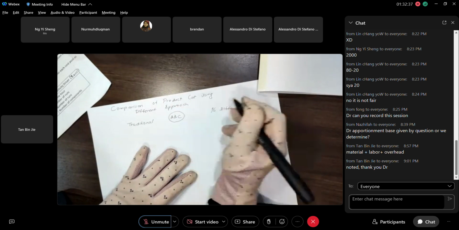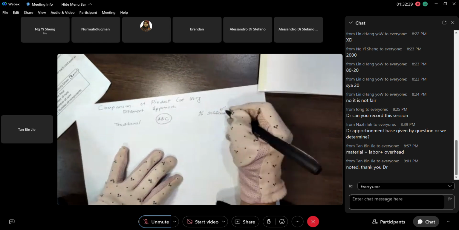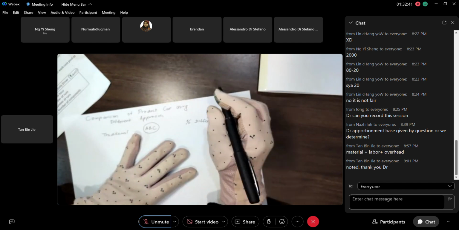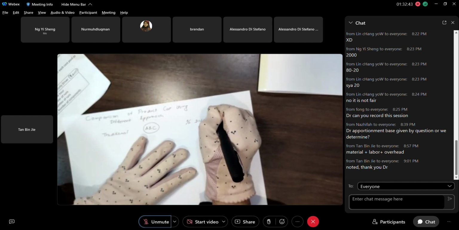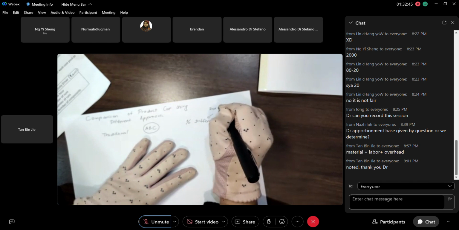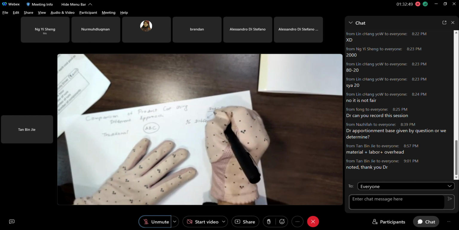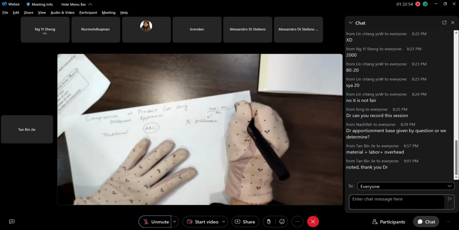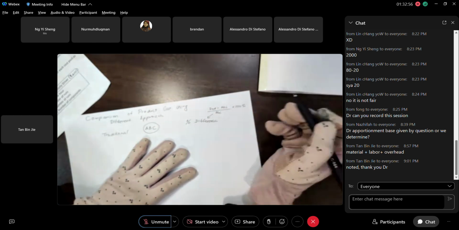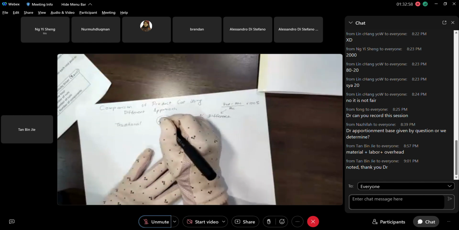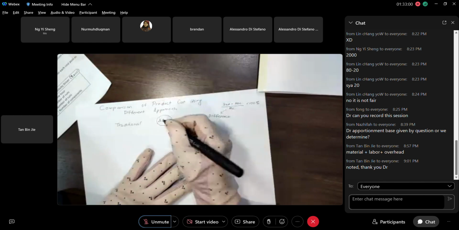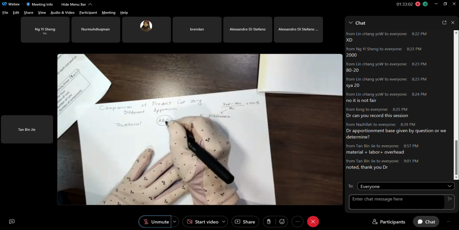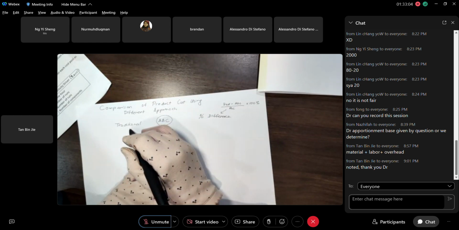So that means your calculation is the traditional minus ABC, because you want to make the ABC as a base, divided by ABC, and then times 100%. Sebab ABC is the accurate number, dia more accurate compared to the traditional approach.